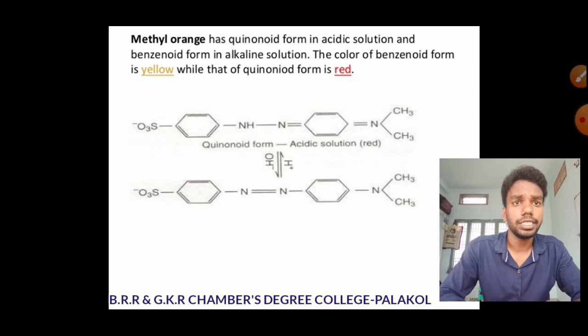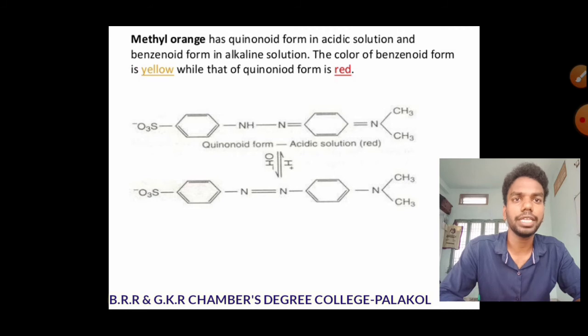Taking the second example, the methyl orange indicator has a quinoide form in acidic solution and a benzoyl form in alkaline solution. In acidic solution the quinoide form shows a red color, and the benzoyl form in alkaline medium is yellow, while the quinoide form is red.